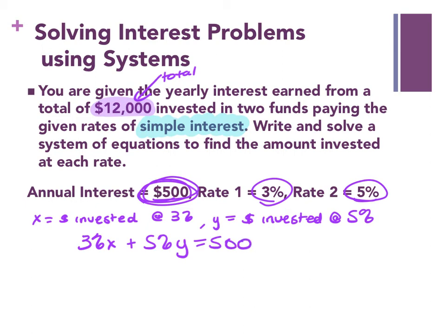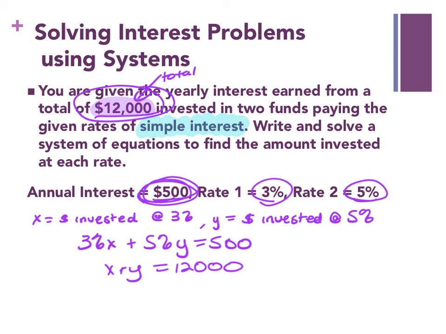Now I need a system, which means I need one more equation here. And the other thing we know about is how much the total investment was. So that's your x plus y equals $12,000. They will always give you some sort of amount about the interest rate, then maybe how much money is being earned. And then they'll always give you some relationship.